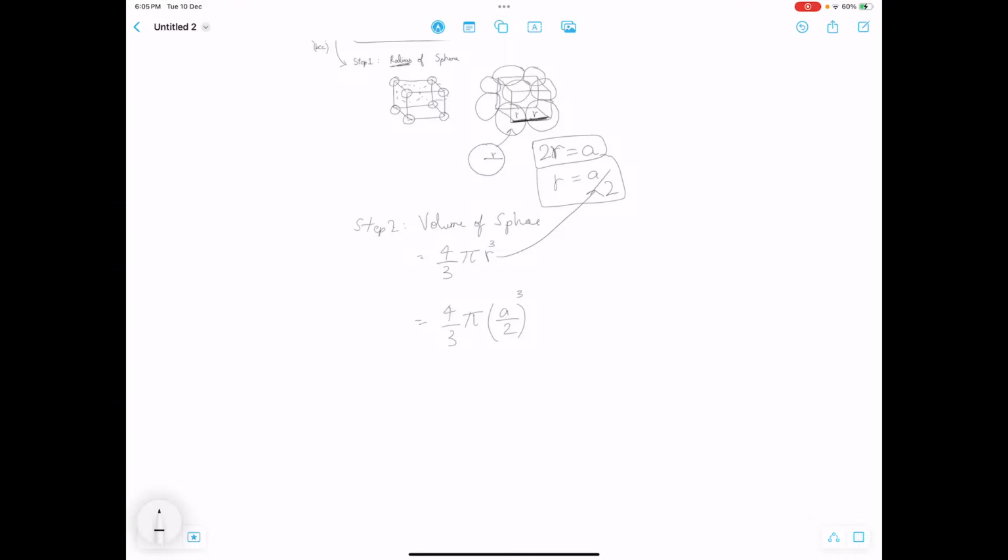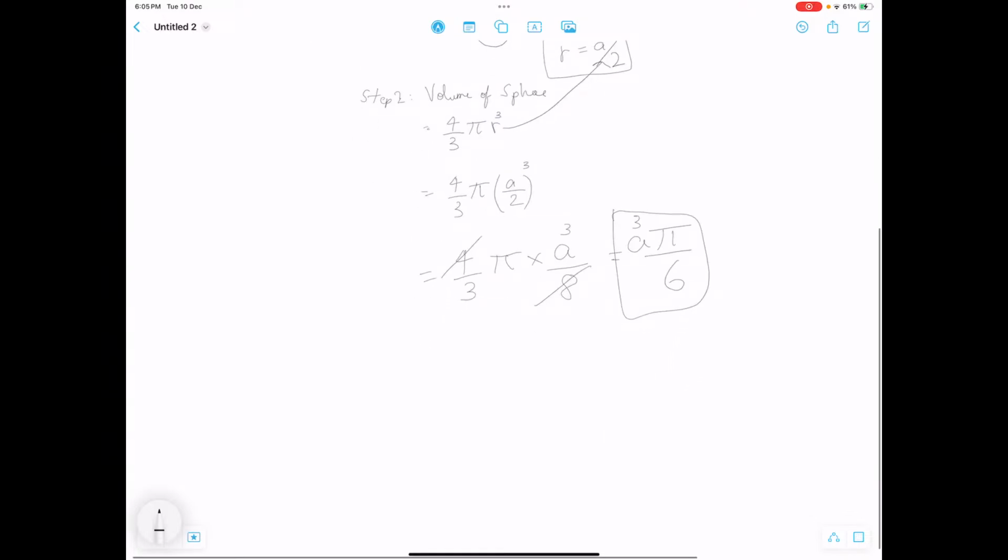If you want you can expand this, it will become 4 by 3 pi into a cube by 8, as 2 cube is 8. Cancel this, you get pi by 6 into a cube, or pi a cube by 6, whatever you like.